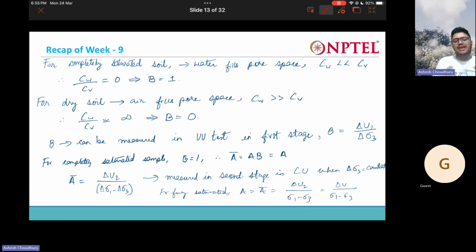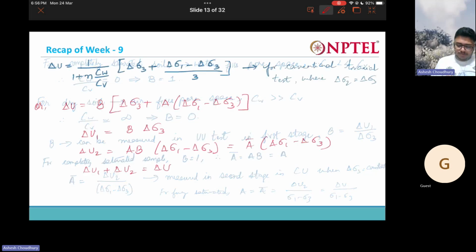Now for dry soil, air fills the pore space, so Cw is much larger than Cv, and hence this will be infinity. In that case, B is equal to 0.